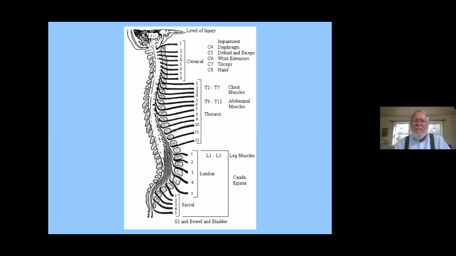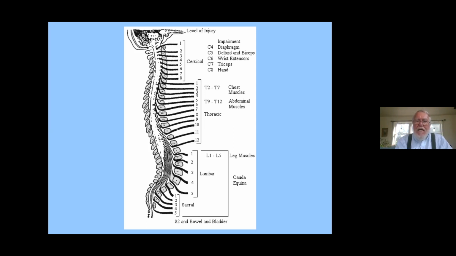So you can see moving from C1, C2, C3 is very much controlling the upper neck, and then we come down to the diaphragm, and then we move out from C5 to C8, all the way out our shoulders, arms, out to the hands and fingers.